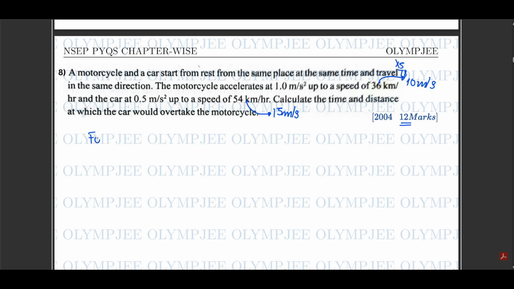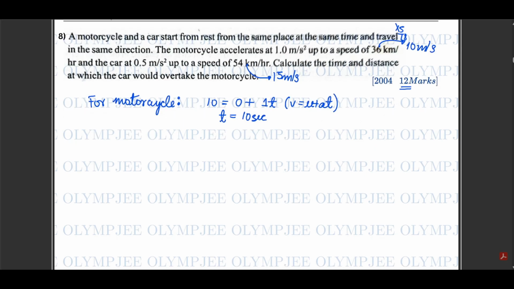So for motorcycle, V max is 10 and initially it is at rest. So V is equal to U plus at. This gives us that time is 10 seconds. After 10 seconds, the motorcycle will travel with constant speed of 10 meters per second.